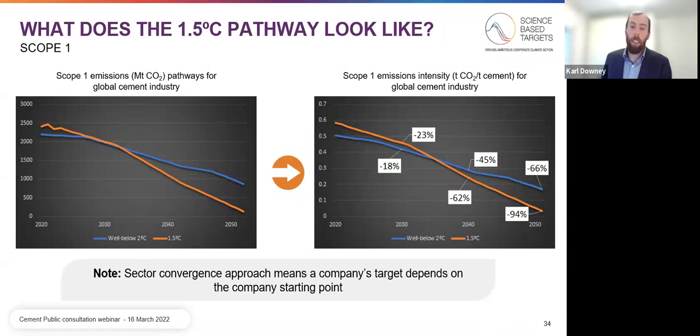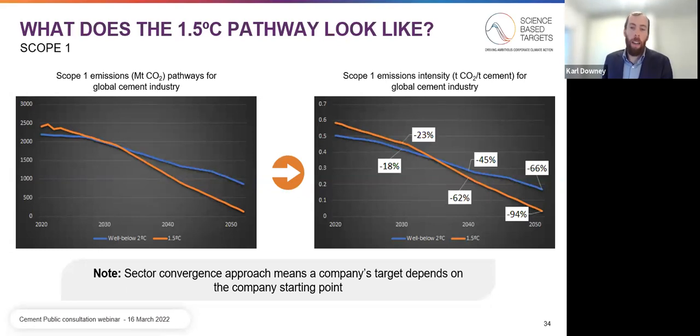It may appear at first glance that it's less ambitious in the years before 2030. This is in fact just because the more up-to-date base year data is slightly higher. Because our methods work on getting companies to converge towards this pathway, we see that this new steeper pathway is always leading to more ambitious near-term targets and long-term targets for companies.